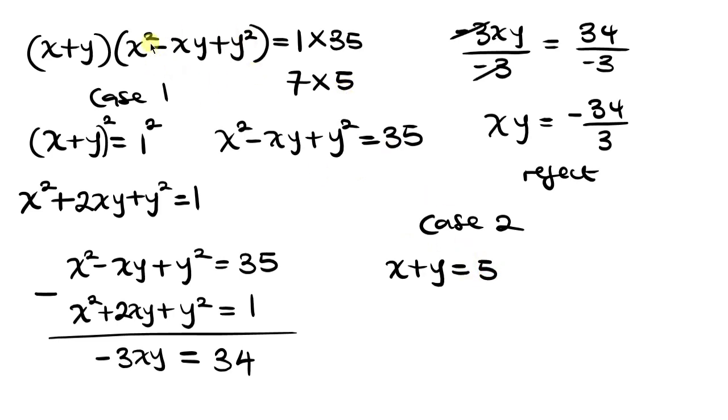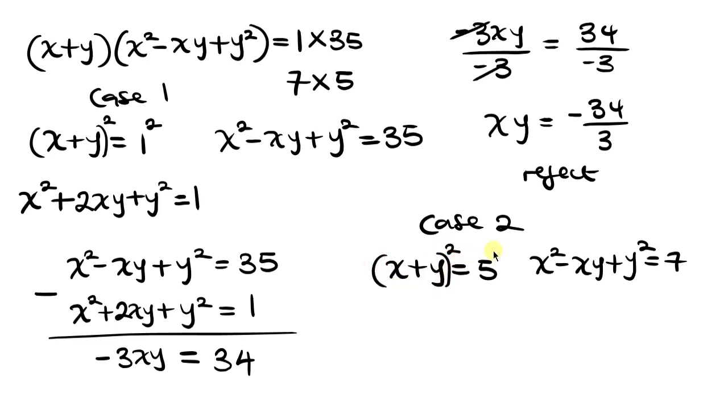And the bigger factor, which is x squared minus xy plus y squared, is equal to the bigger factor here, which is 7. Now let's make the left-hand side here resemble what we have here by taking the square of both sides. So I'll take the square of the left.